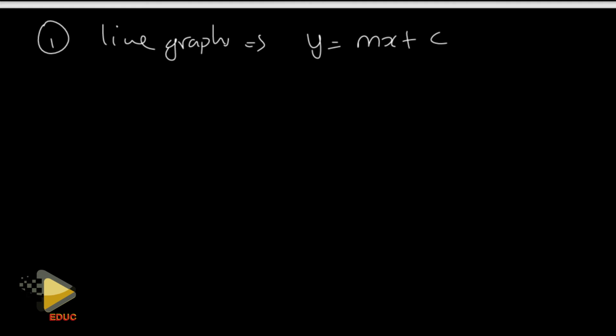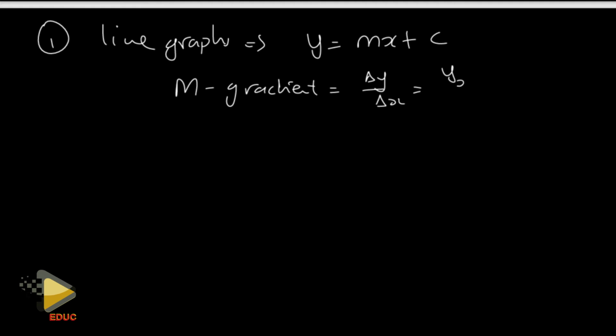So under the graphs in grade 10, I normally look at number 1, the straight line. We call them line graphs. So what we need to know is how do we get the equation of a line graph? It's mx plus c. Okay, this is the general equation. What is m? M is the gradient. And how do we find the gradient? We normally say the change in y over change in x.